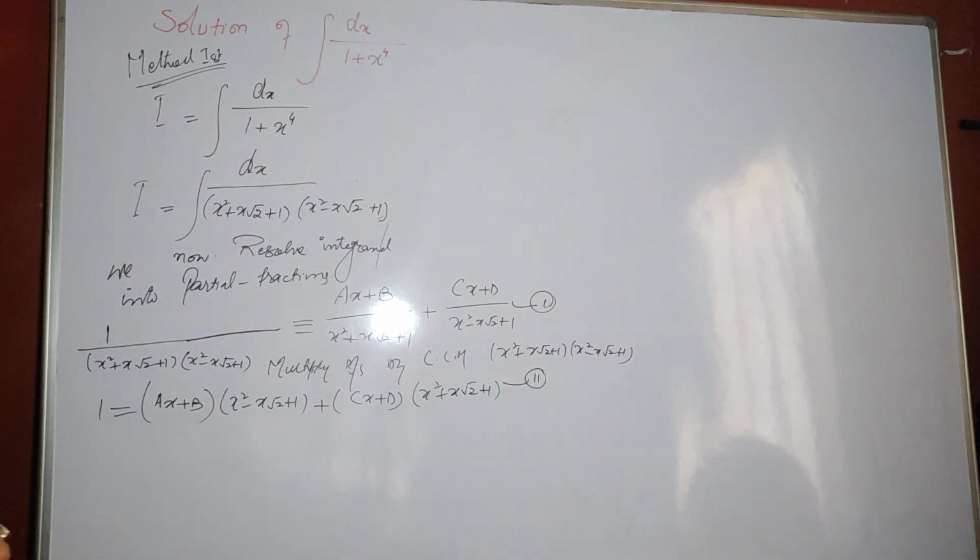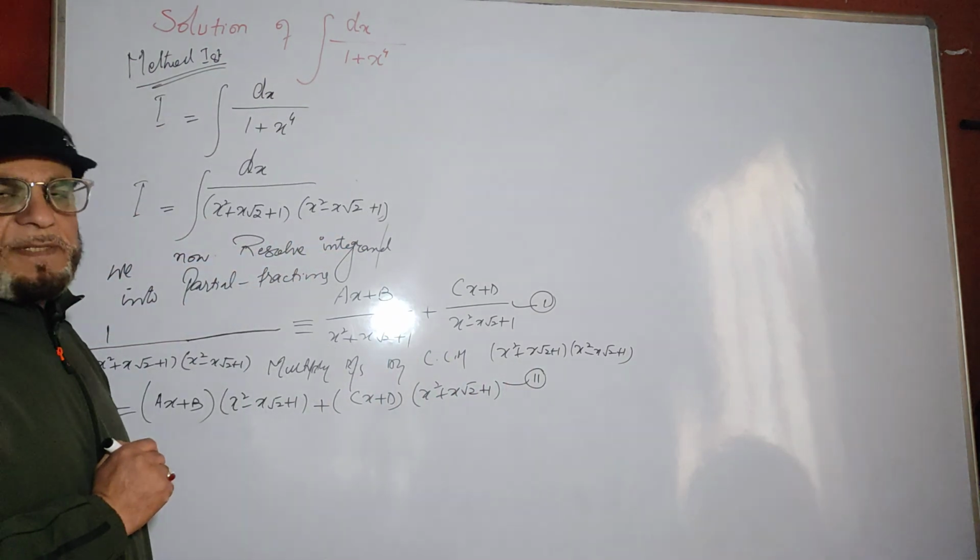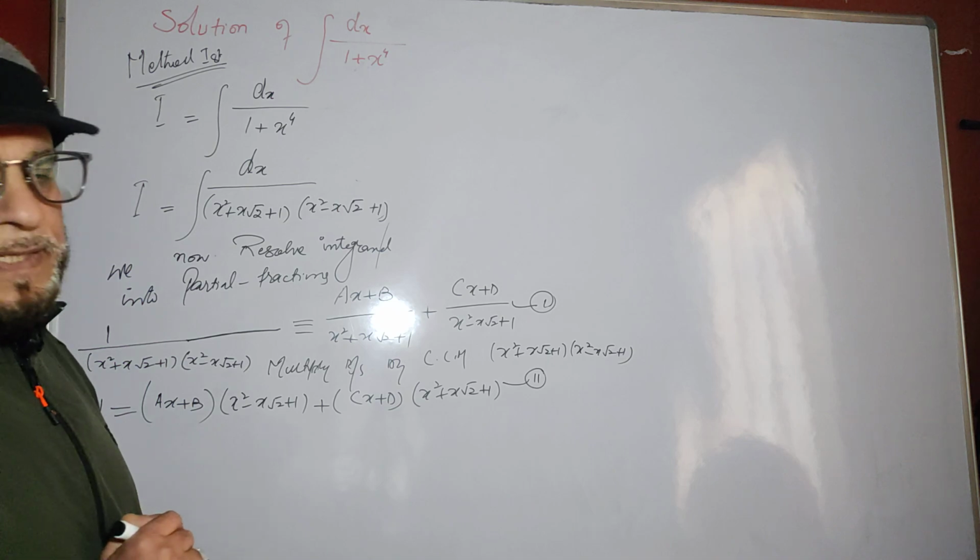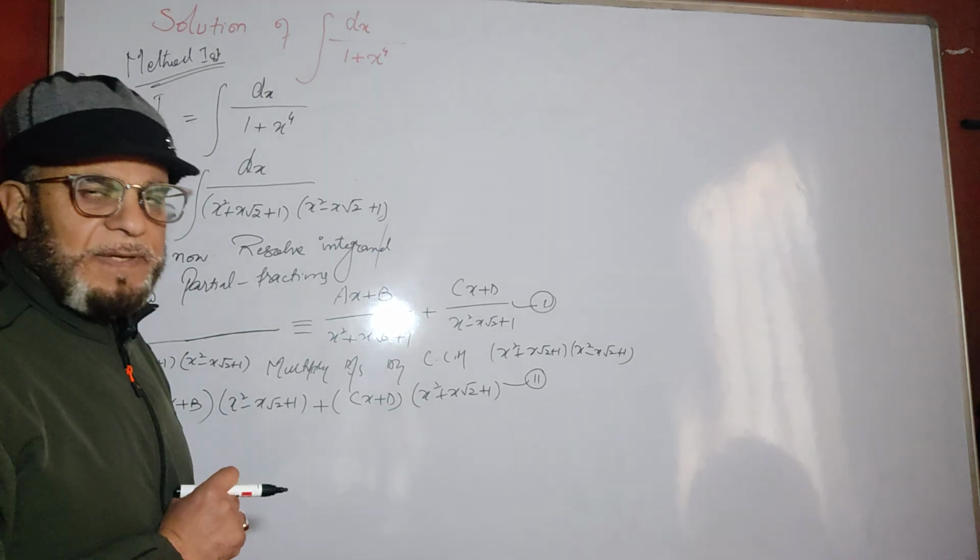Now how do we do it? Actually, in partial fractions, if you have a linear factor, you make that equal to 0, then we find the a or b or c.